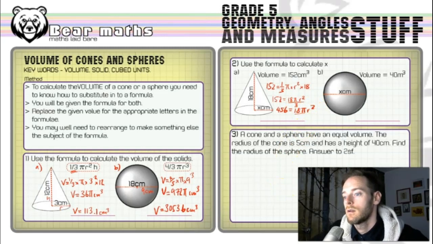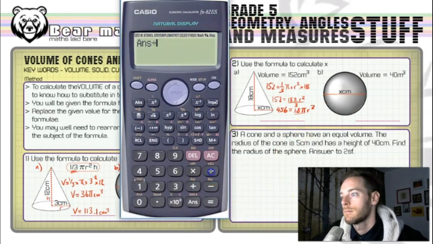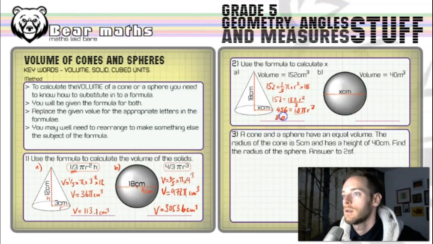I'm going to put the 18 pi in brackets because it might work out incorrectly if I don't. So there we go, that's going to be 8.06, which is equal to the radius squared.